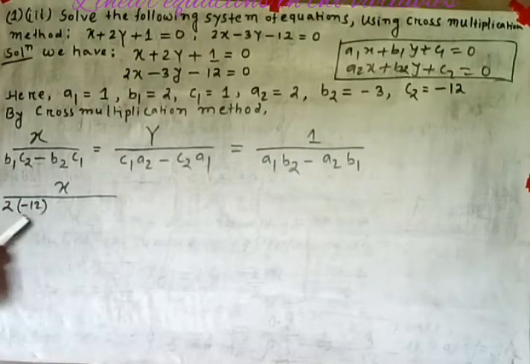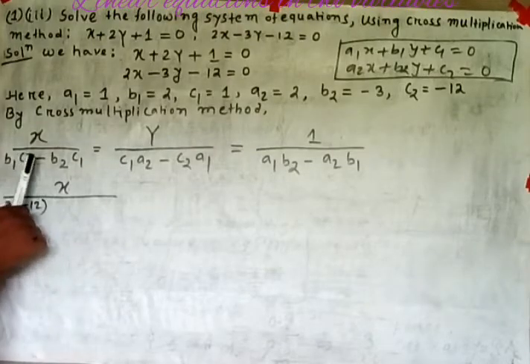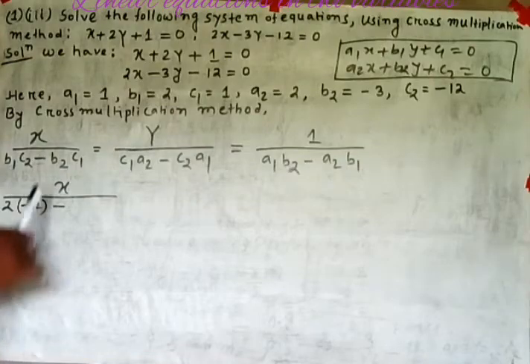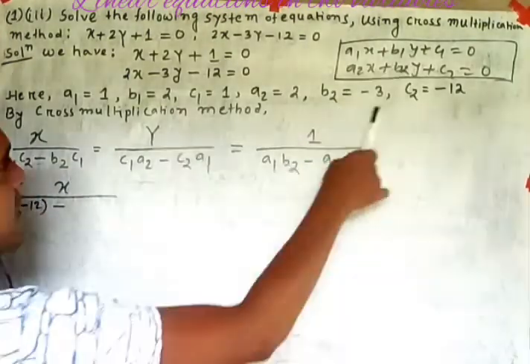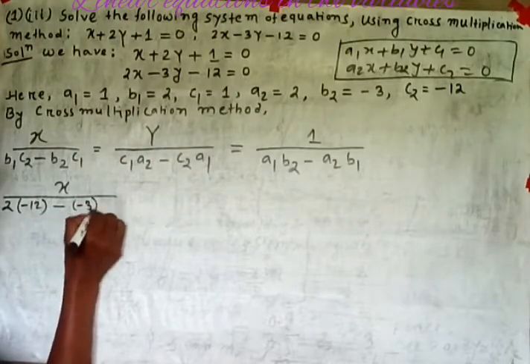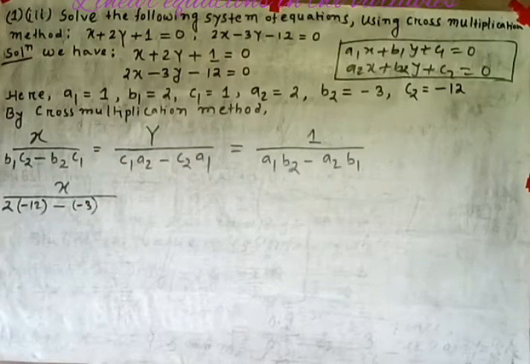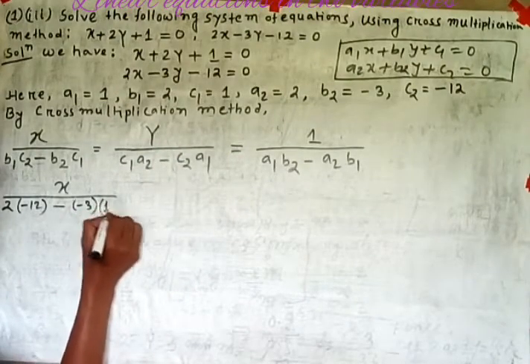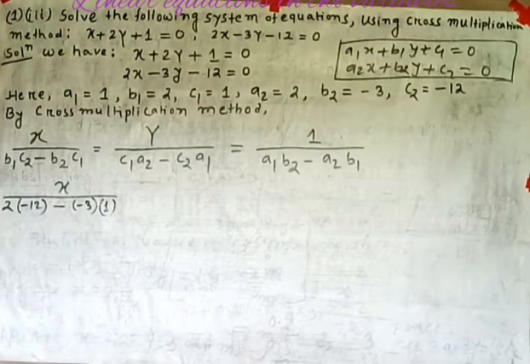The bracket symbol means multiplication. Then minus is minus. Then b2 c1: the b2 value is minus 3, so we write minus 3 here. And c1 is 1, so we multiply by 1.